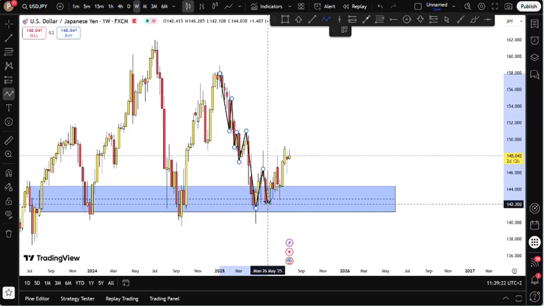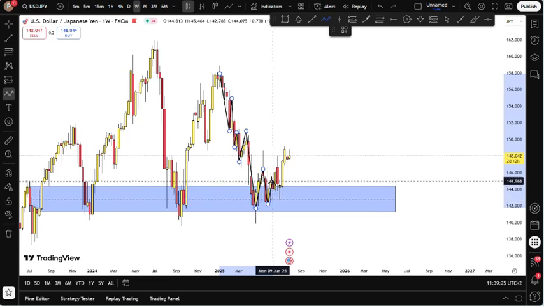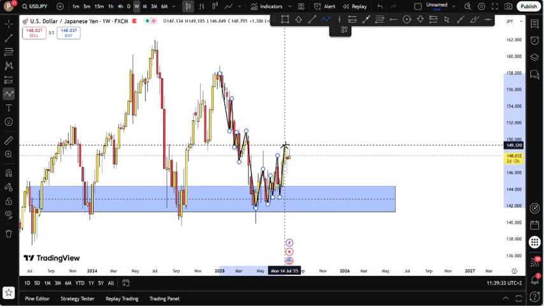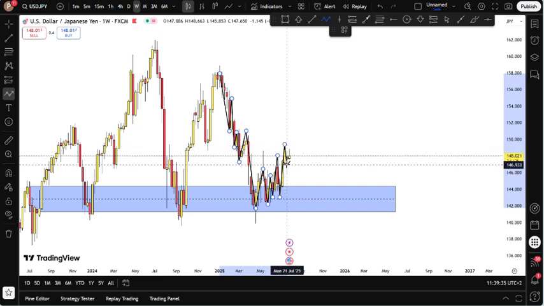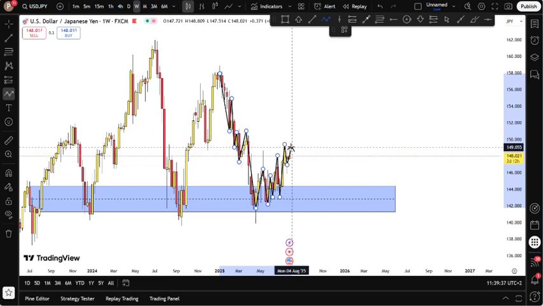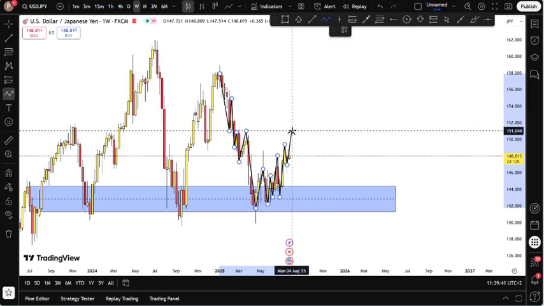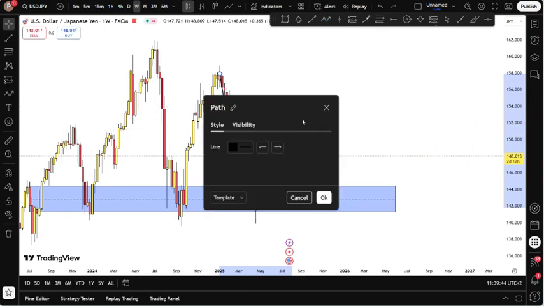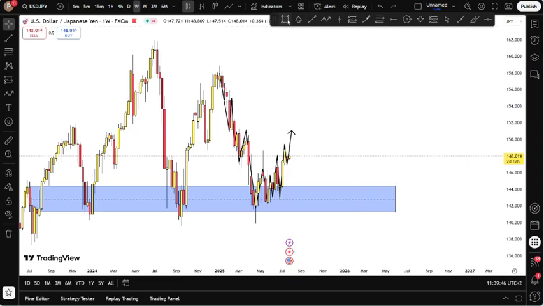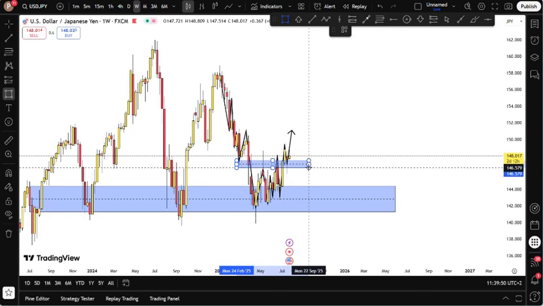So it came here with a double bottom, and then made an up, and then made a down again, and then made an up, which closed again below. And then for the first time it made an up, which came to be tested and is currently being rejected. So this rejection might be very strong. Let's just put it here. Then I'll take the previous support and just put it there.